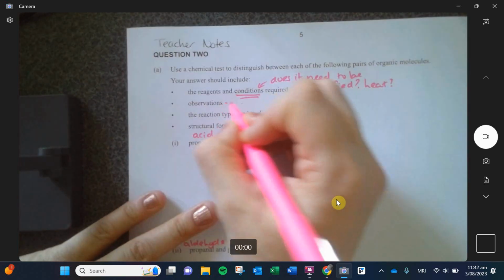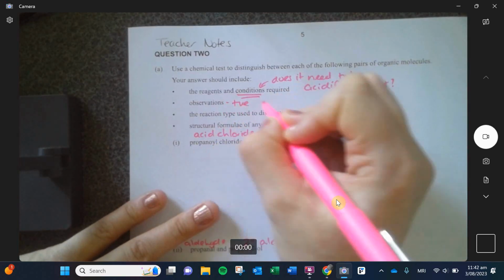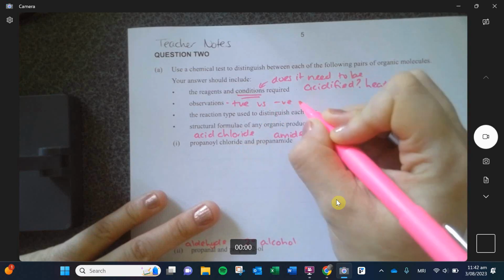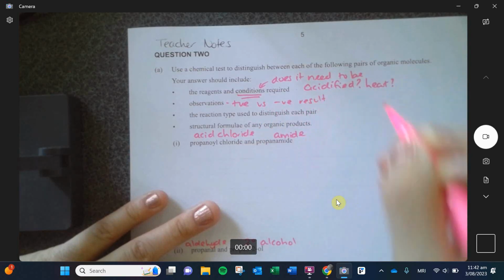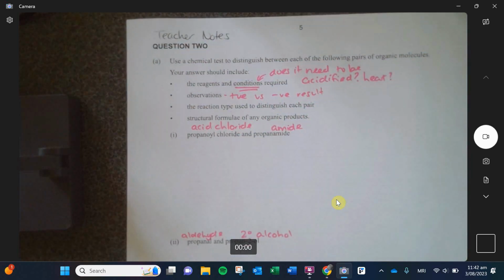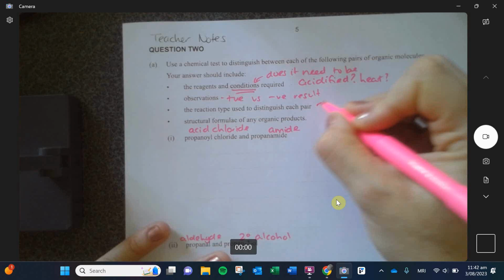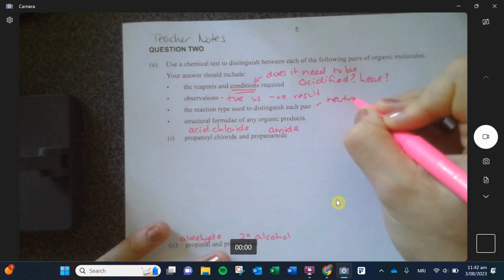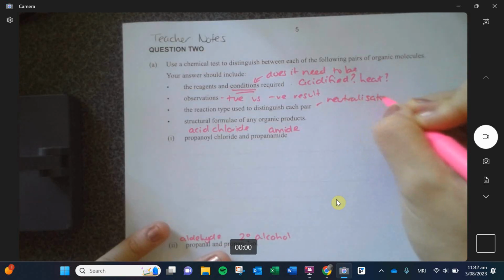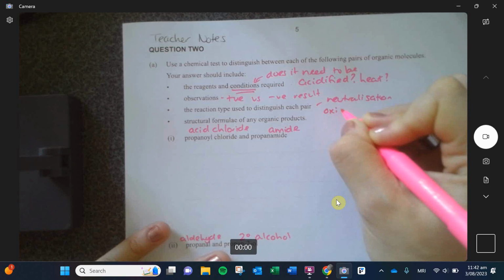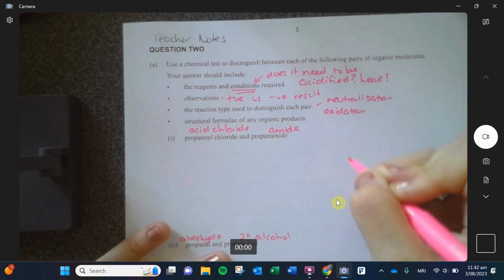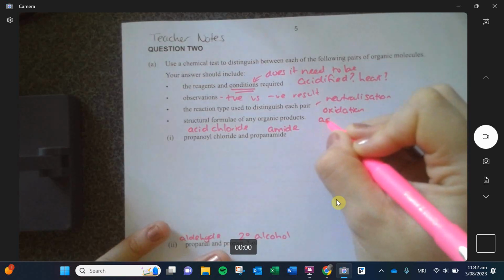So basically the observations help us identify what is positive versus a negative result when we're trying to identify something. Reaction type, used to distinguish each pair. So we're talking about, is it a neutralization reaction? Is it an oxidation reaction? Is it an addition reaction?